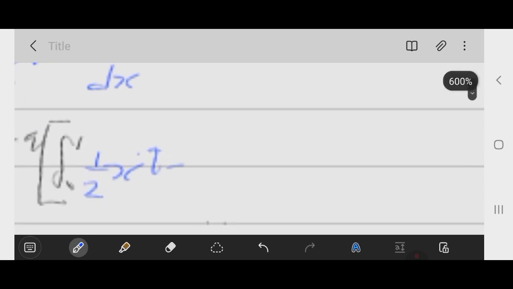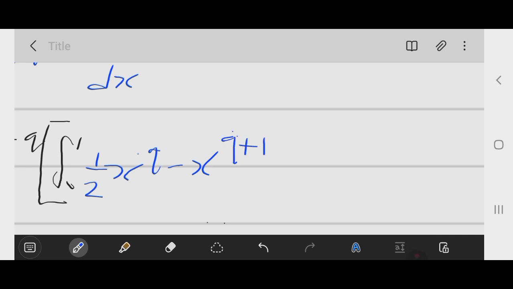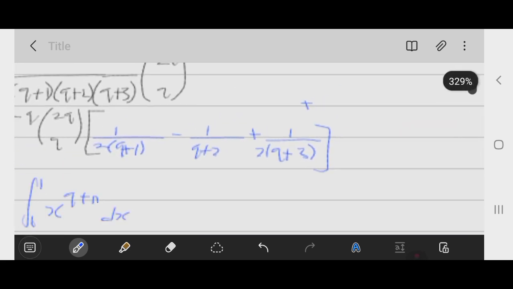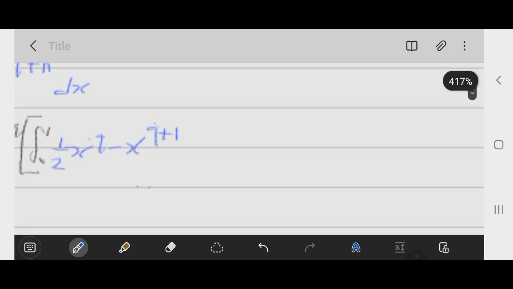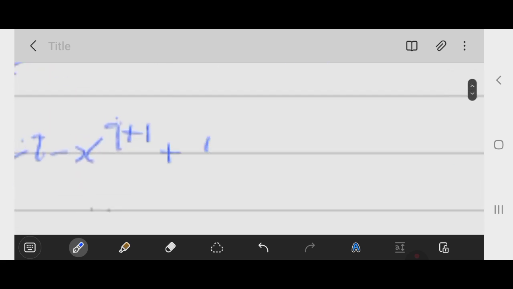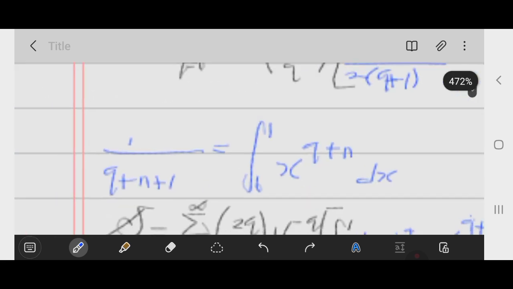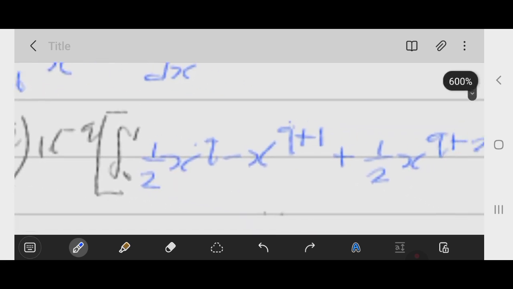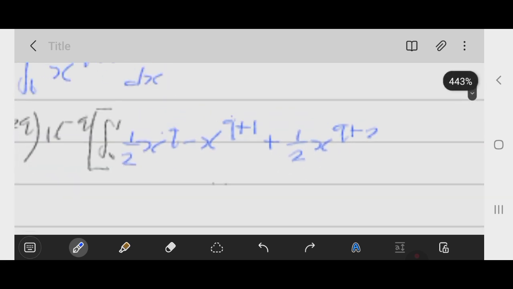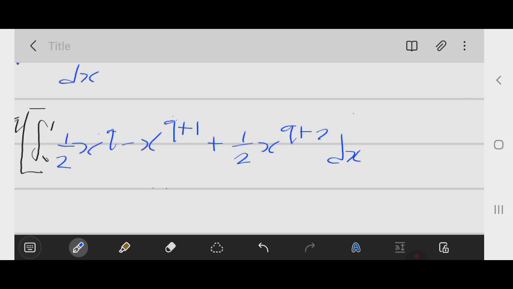So here I'll also have minus x to the power of Q plus 1. And comparing this other one, you find out that n is equal to 2. So I have, this is half of x to the power of Q plus 2. Since in this place n plus 1 represents 3, so that's why I have 2 over here. So we have our dx.